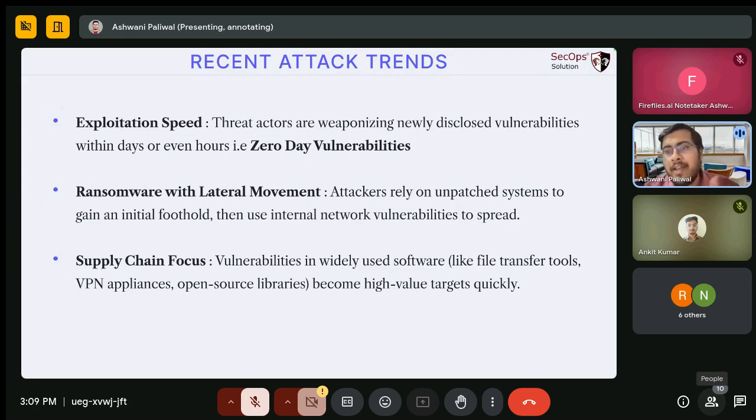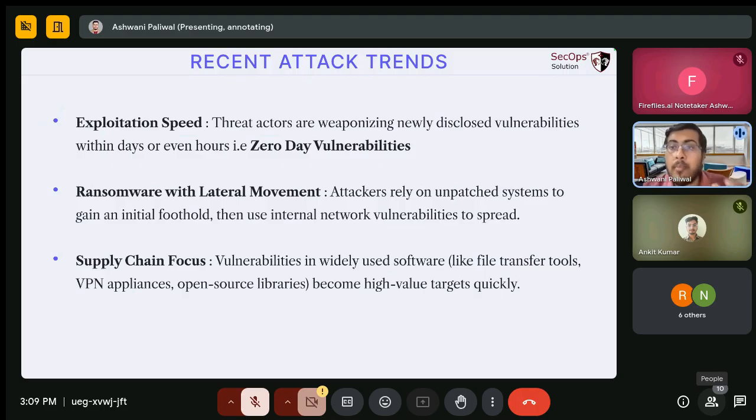And lastly, supply chain has become a much bigger focus. Commonly used third-party software and open source libraries are becoming a great tool for attackers to get into the system. We have so many examples of people deploying malicious injections or malicious scripts, even crypto mining scripts, in open source tools.